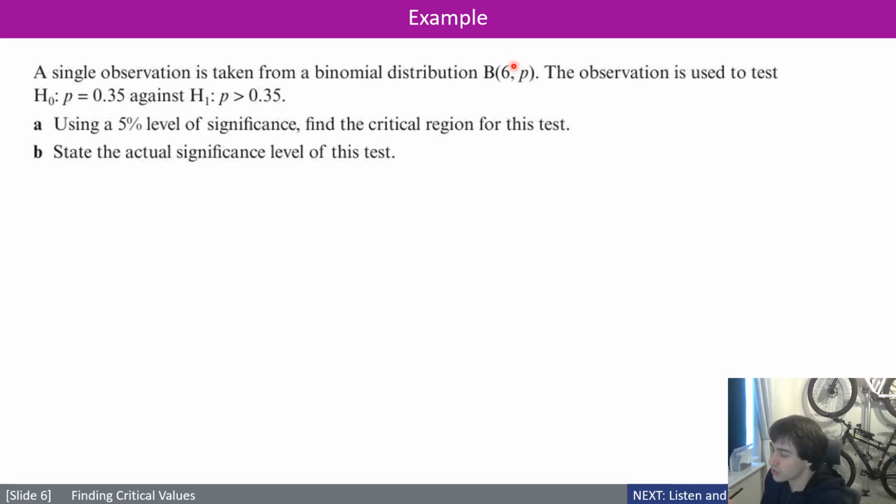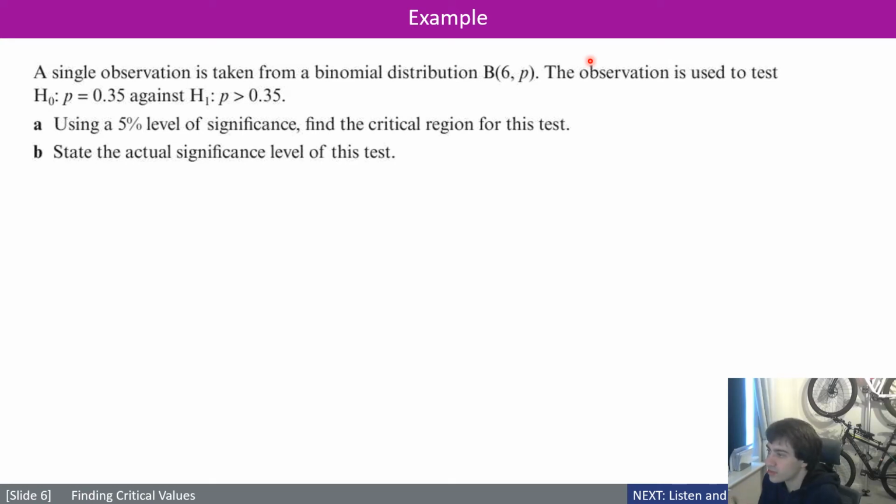We're not going to do the whole test, we're just going to do the setup for it, but within this test something is being done 6 times, 6 trials, and each of those trials has a probability p of being successful and a 1 minus p probability of being unsuccessful. And we're going to observe out of those 6 trials how many times was there a success.